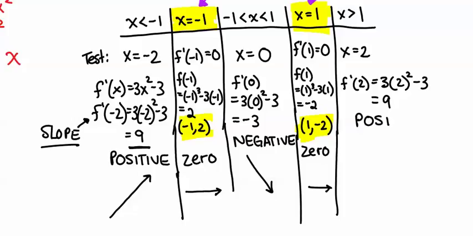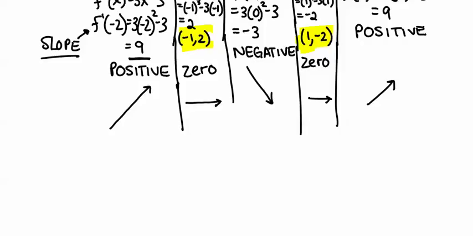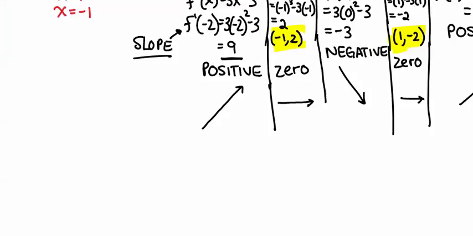So it's a positive value, and remember, a positive value means positive slope, so we're going up to the right. These little calculations just tell us positive, 0, negative, 0, positive. It's telling us the direction our graph is going. Super helpful. So the first derivative can tell us about our slopes.